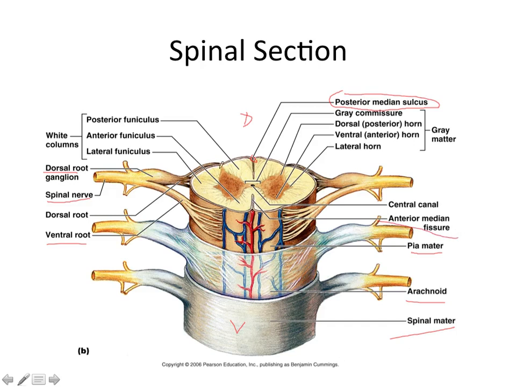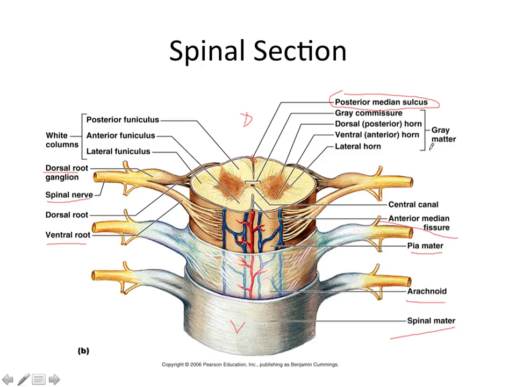Inside the spinal cord we can see a darker colored structure. This is called the gray matter. Gray matter consists of many neurons.